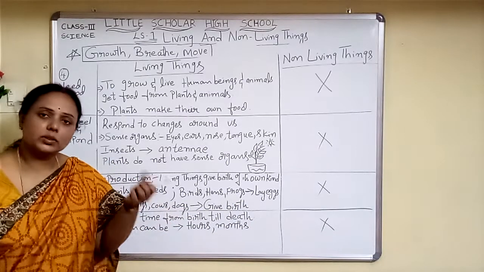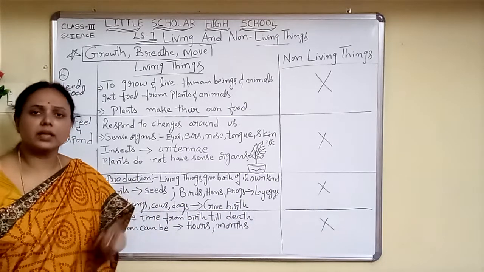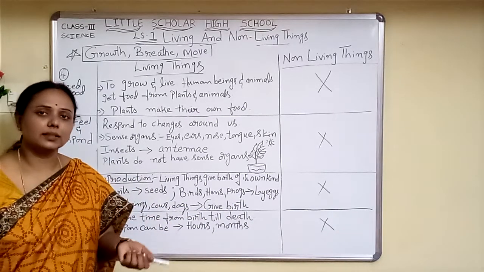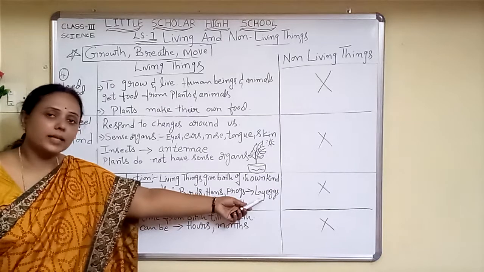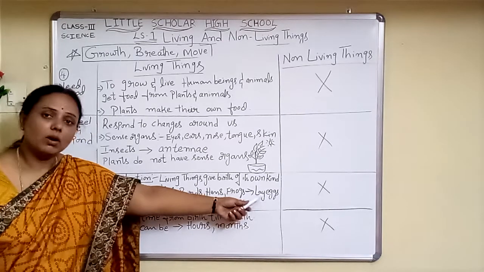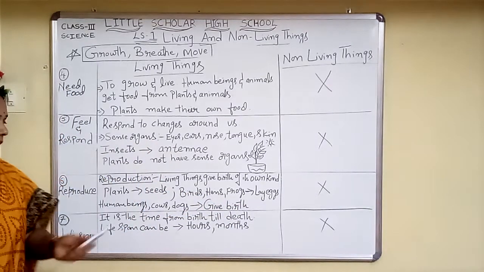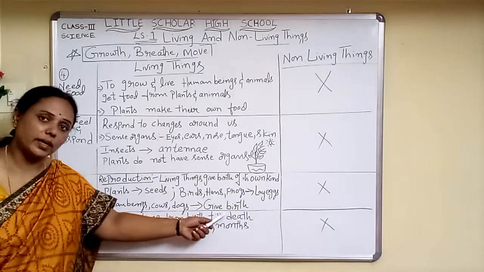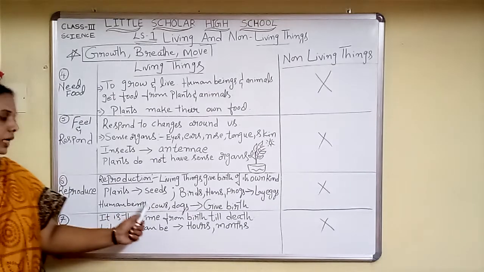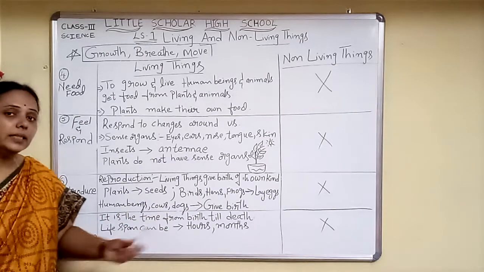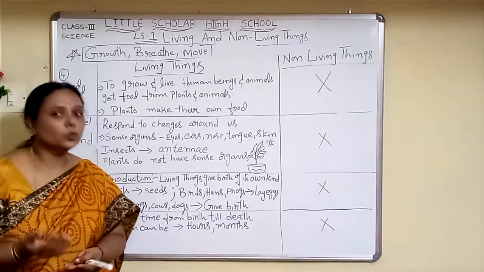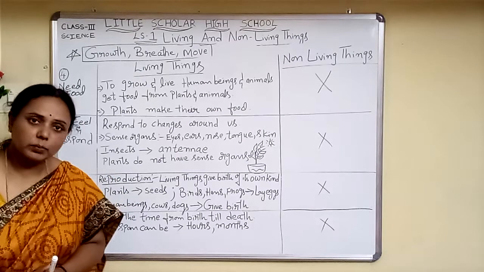You might have observed that hens, birds, snakes, lizards, all these are animals which lay eggs, and the young ones hatch out of the egg. But there are a few more animals which give birth to the young ones, like human beings, cows and dogs. They give birth to a new baby. So what is reproduction?